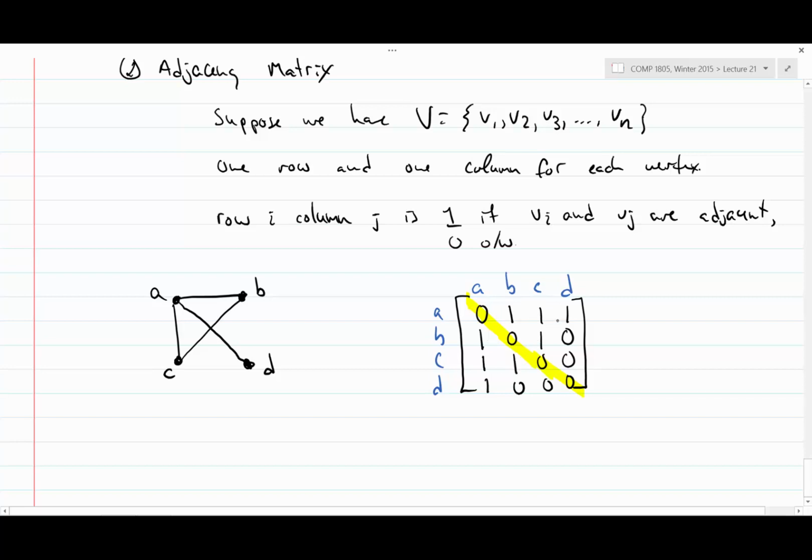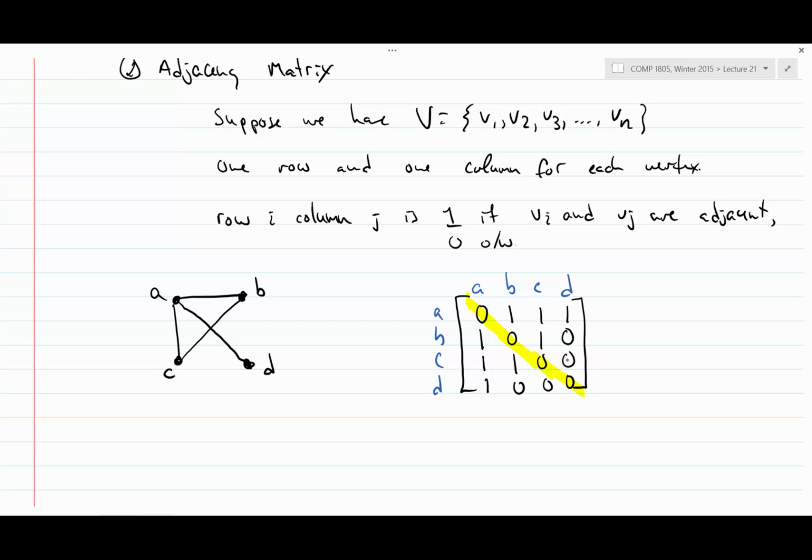A 1 there, and a 1 there. 0 there, 0 there, 0 there, and 0 there. So if you took this matrix and flipped it like you were folding a napkin or something, all of the entries would line up. And that's because the edge from A to B is the same as the edge from B to A. That's because this is an undirected graph. The exact same thing works for directed graphs, but in that case it won't be symmetric.